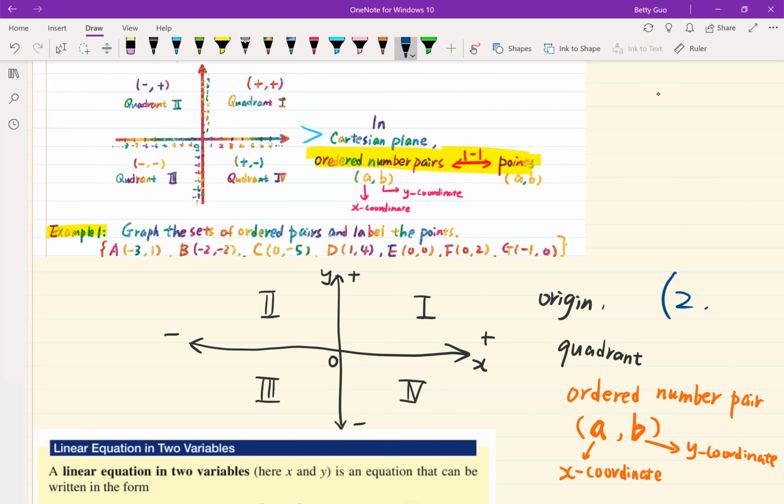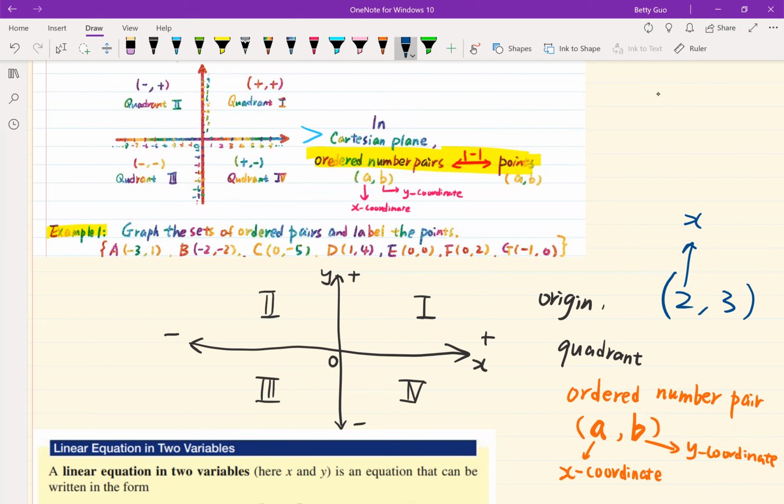let's say we have (2, 3). This is an ordered number pair. It corresponds to a point in the rectangular coordinate system. The x-coordinate is 2. Remember, x-coordinate describes the horizontal displacement of the point. It is 2.